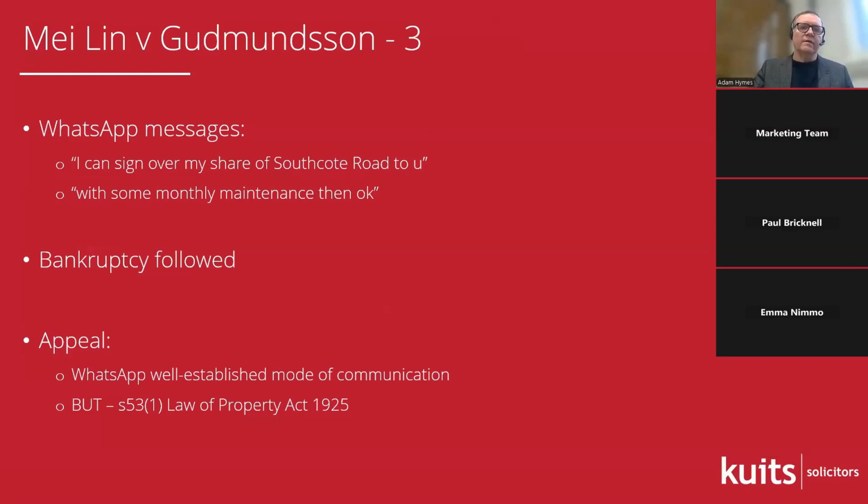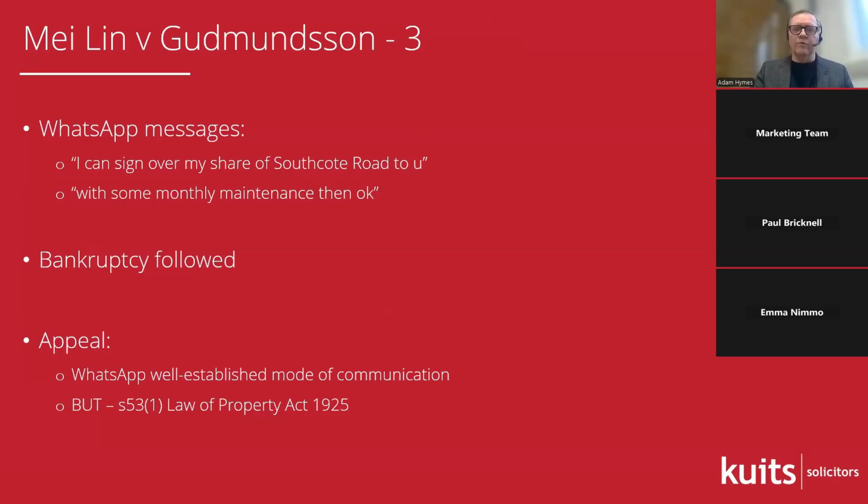And the response came back, "With some monthly maintenance, then okay." In other words, the lady, Mylan, was responding to say, in connection with the matrimonial matter, as long as you pay me some monthly maintenance, then okay, I accept you signing over my share of that property.